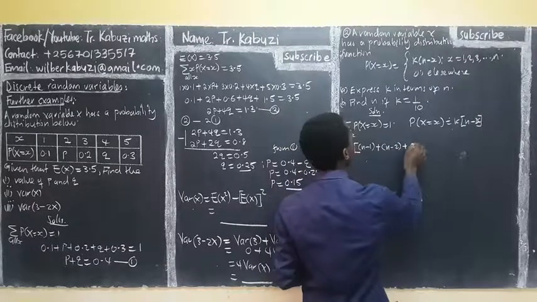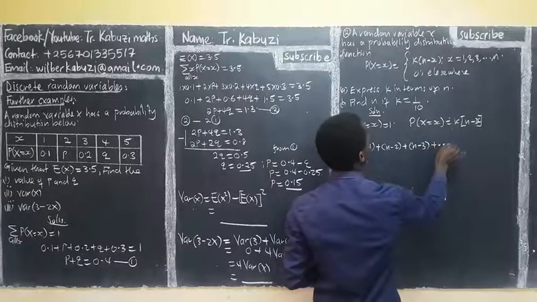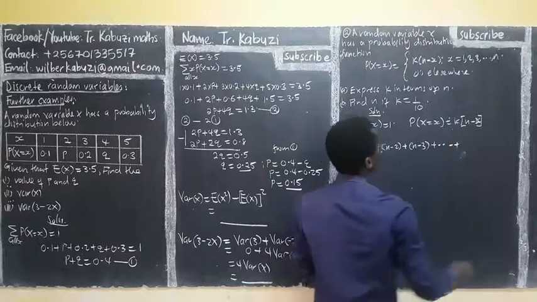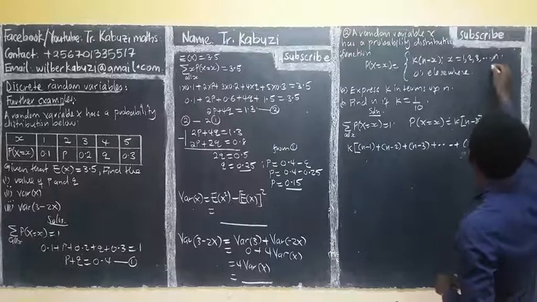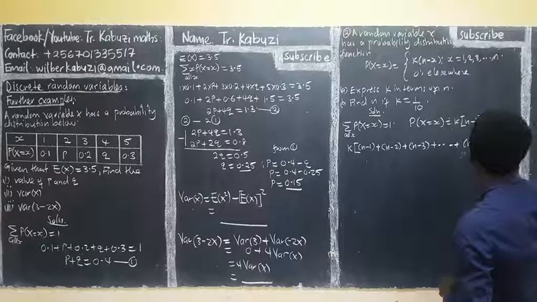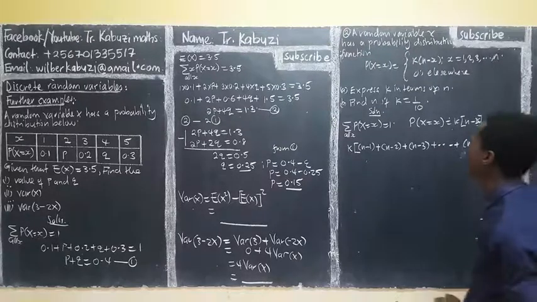When x is 3, I have n minus 3 plus, up to when I reach n. You know that before this we have n minus 1, then plus, when I put in n minus n, this will give me a 0.